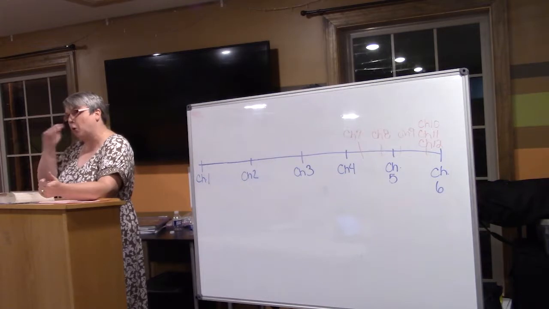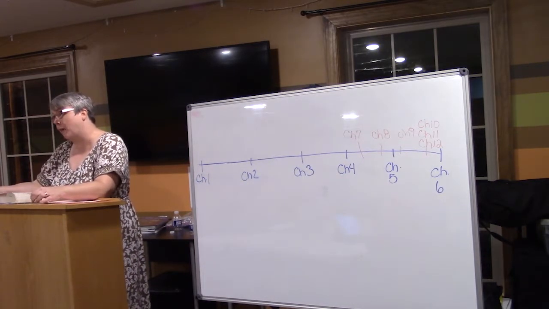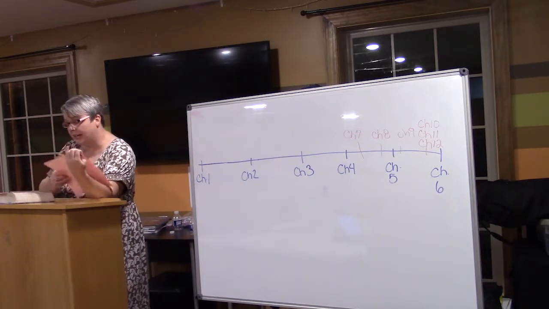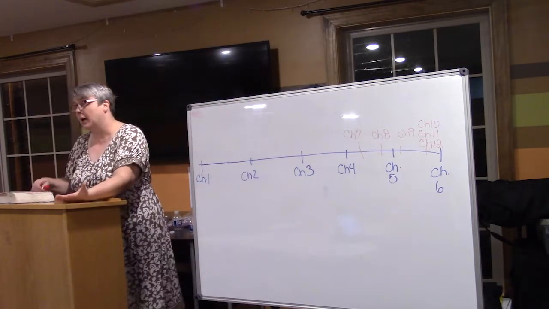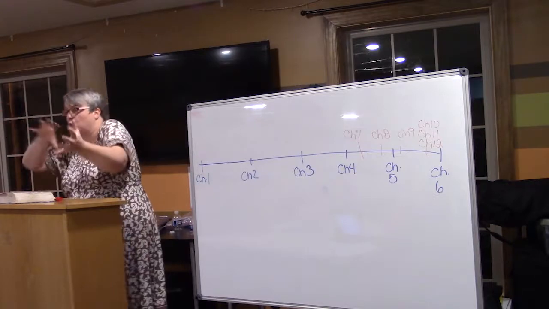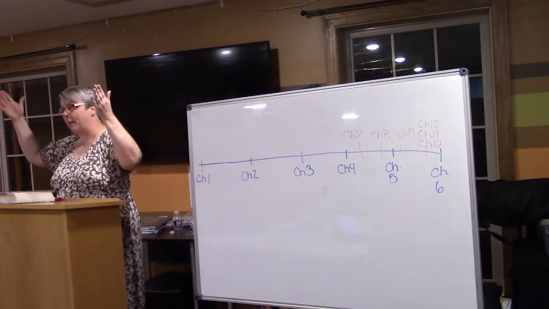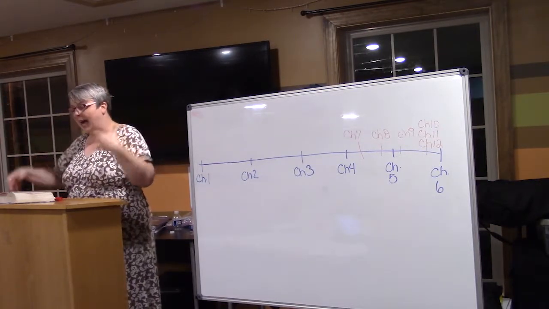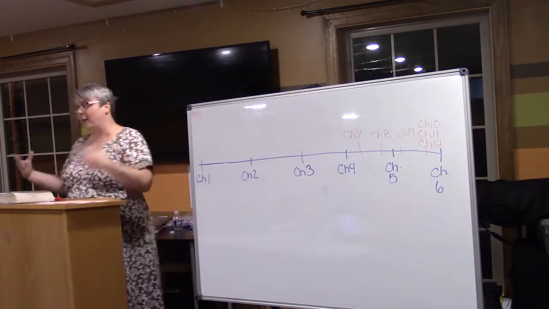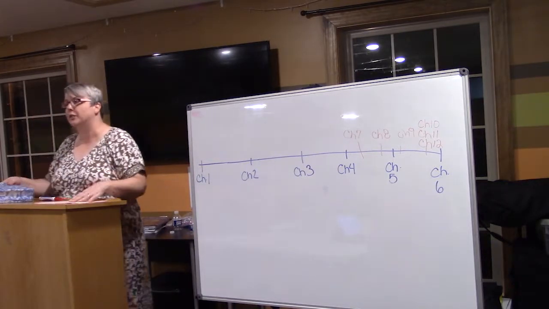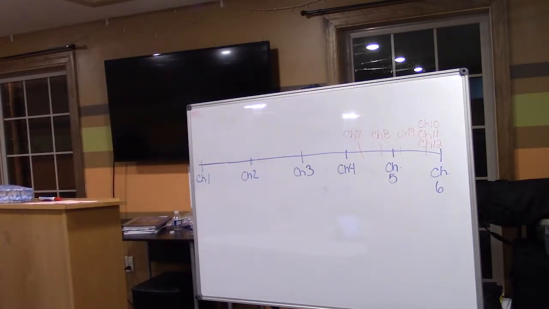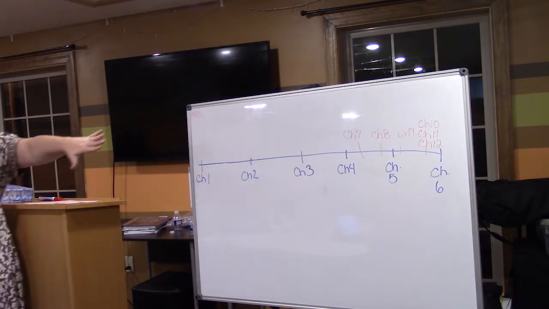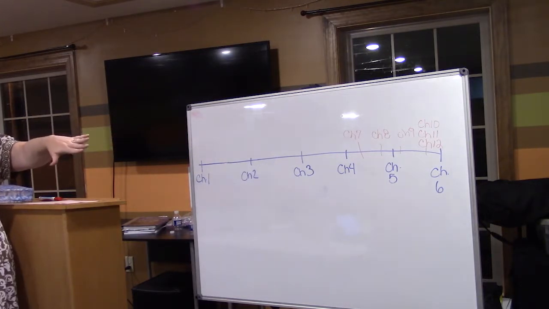We know this is a historical book. We know it's also a book of prophecy. 1 through 6 is in chronological order, but so is 7 through 12. It just happens to be kind of squished in and put into chapters 1 through 6. And so that was really why we did this overview, because when we start to study, especially past chapter 4, we have to think this is what we're reading in chapter 4 is happening, but there's a lot of other stuff going on in Daniel's life.